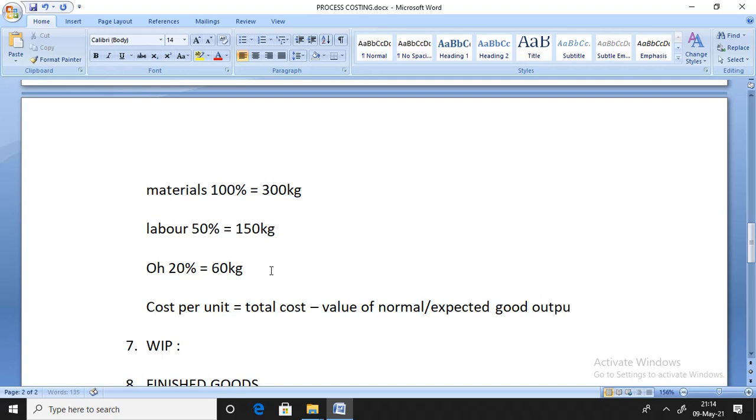Now, the expected good output is simply the input units minus normal loss units.